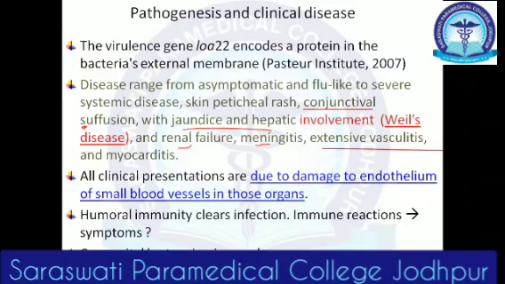So if it infects the kidney, you will have renal failure. If it infects your brain, you will have meningitis, and this kind of disease is really dangerous. These are life-threatening diseases.